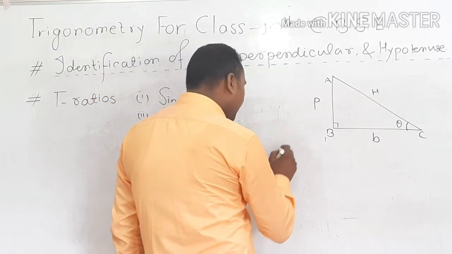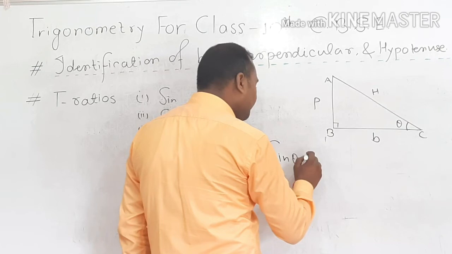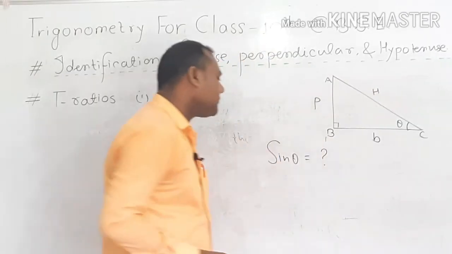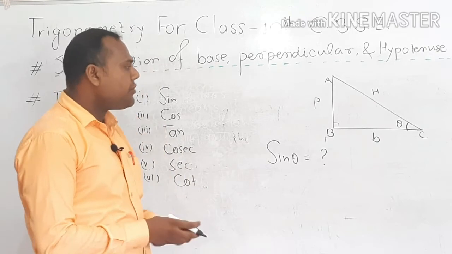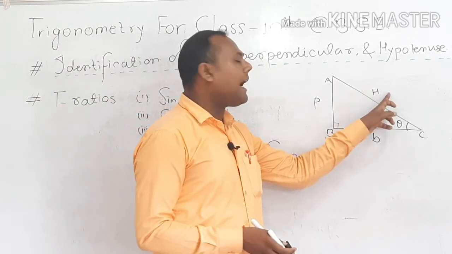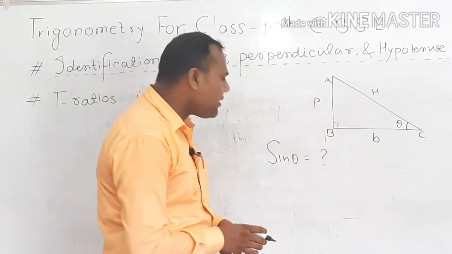Firstly, sine of theta. The meaning of sine theta: the ratio of perpendicular and hypotenuse is called sine of theta.